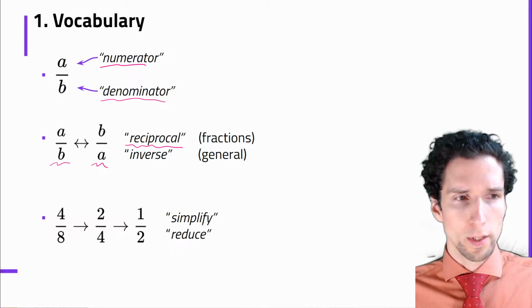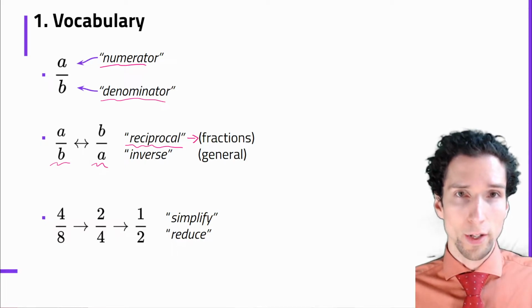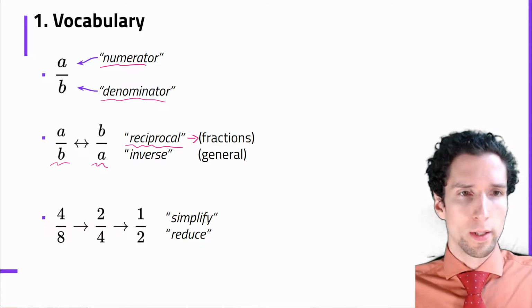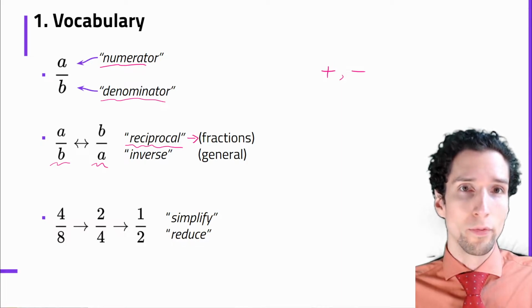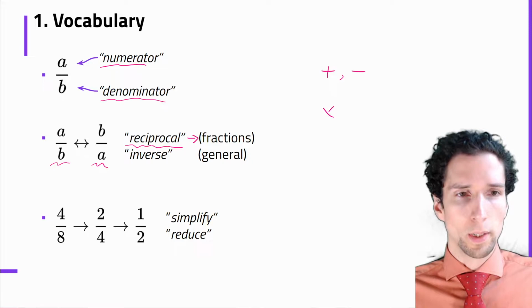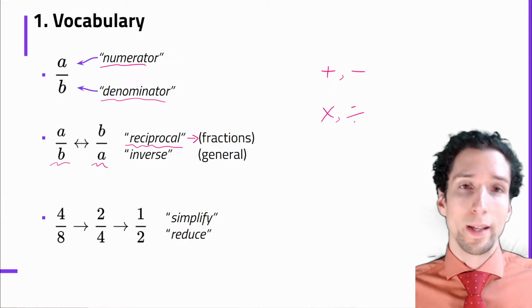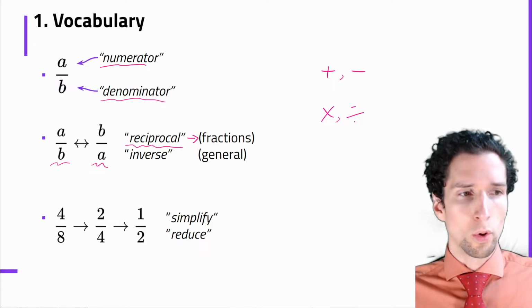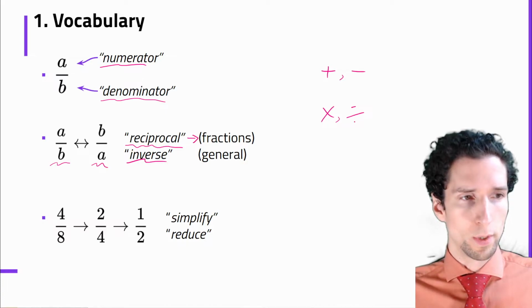Reciprocal is specifically when we're dealing with fractions, but in more general and other math contexts, addition and subtraction are inverse operations. One is the opposite of the other. Multiplication and division are inverse operations, that kind of thing. So reciprocal or an inverse, those are both words that we could use to describe the situation. Inverse is a noun. The verb here would be invert.